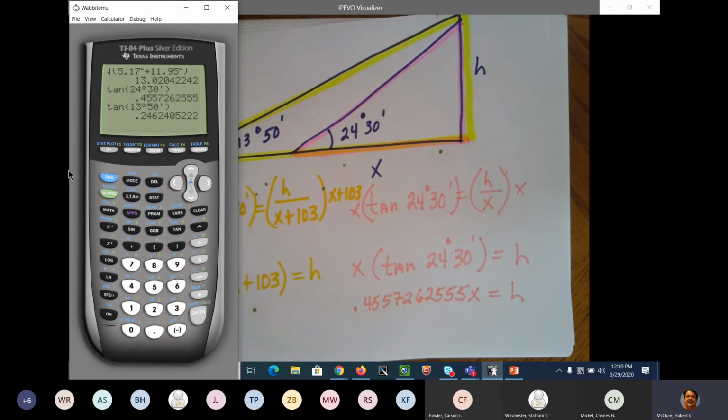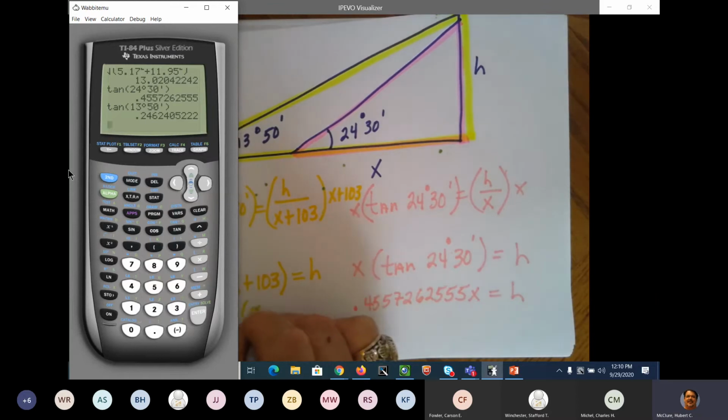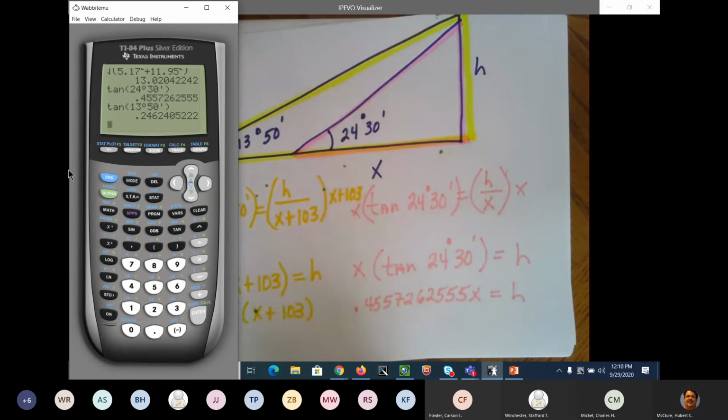And that is going to be 0.2462405 times x plus 103. And now you set them equal to each other.